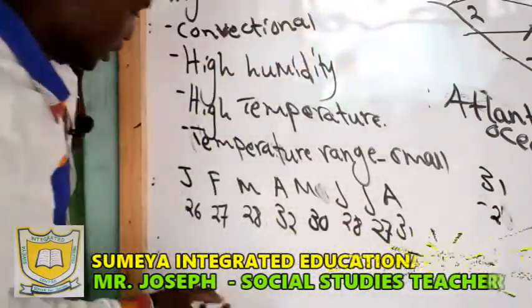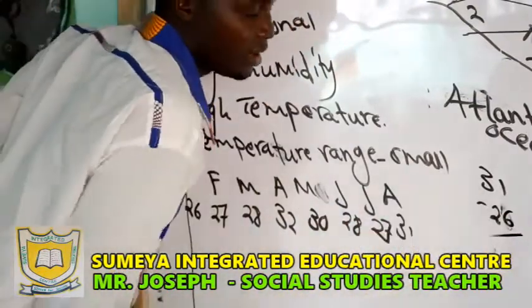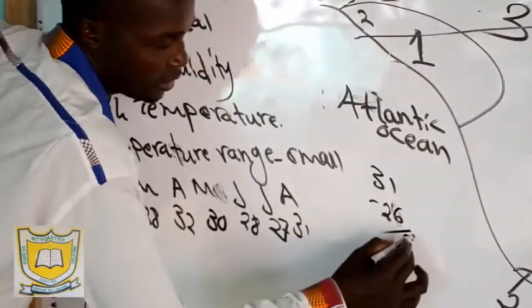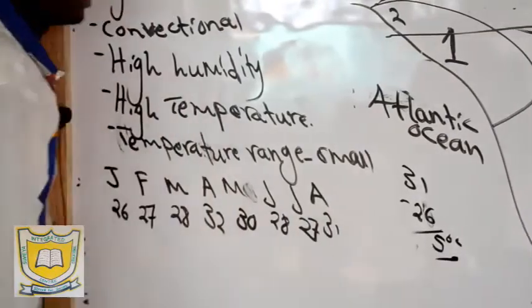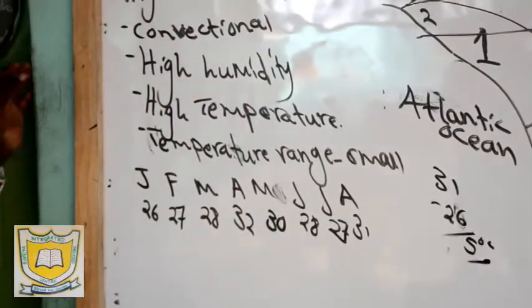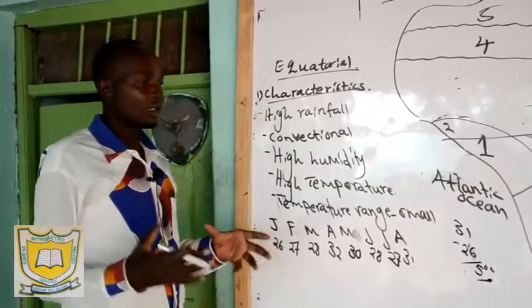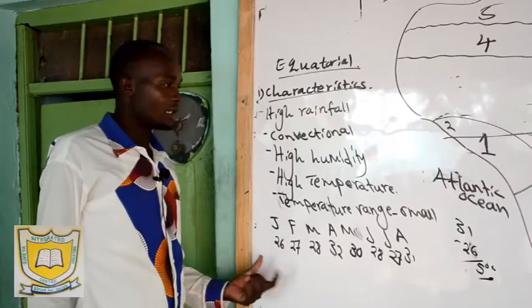When you subtract, you find this is 11 minus 6, that is 5 degrees Celsius. So you can see this is a very small temperature range. That's what we mean: the difference between the largest temperature here and the smallest is very small.